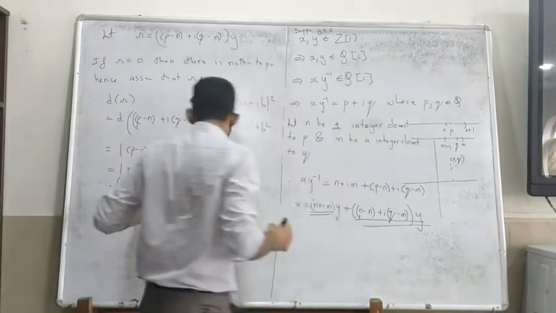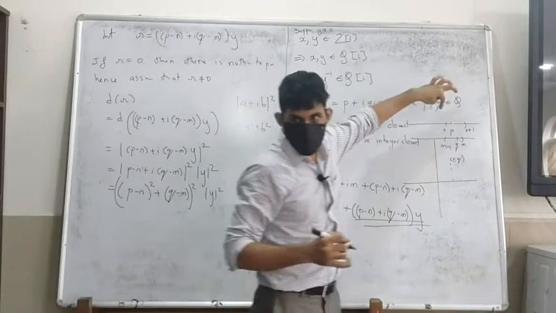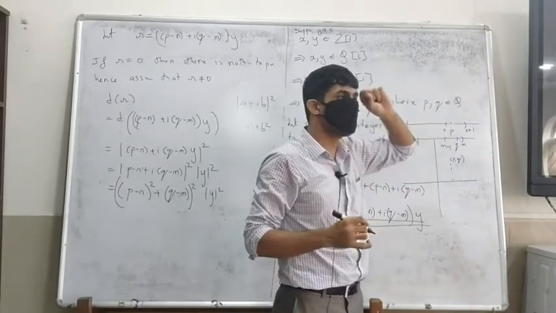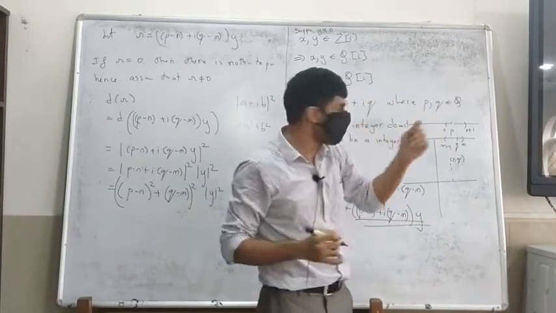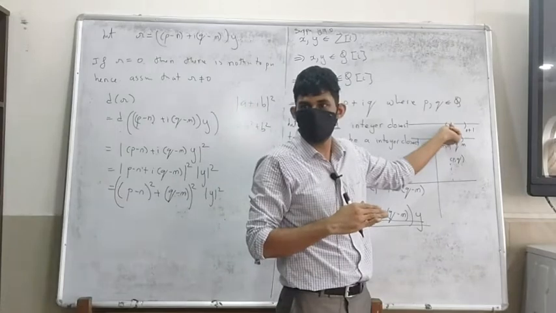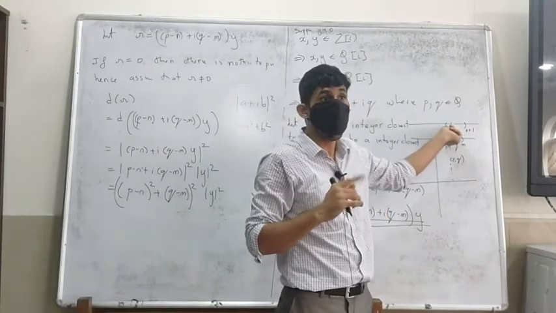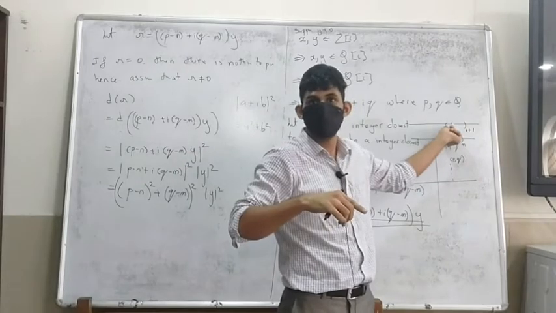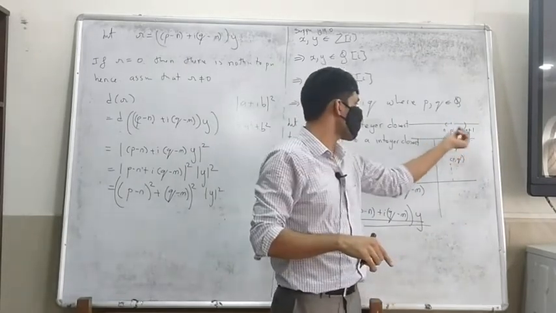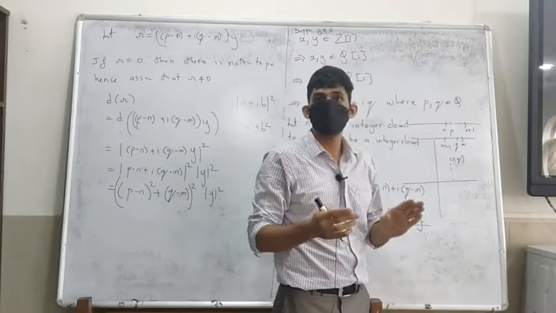Okay, but see how we have taken this n and m. We have taken n to be the integer closest to p. That means the distance between p and n will be less than half, hence the square of the distance will be less than 1/4. Similarly, the distance between q and m will be less than half, right? It has to be.